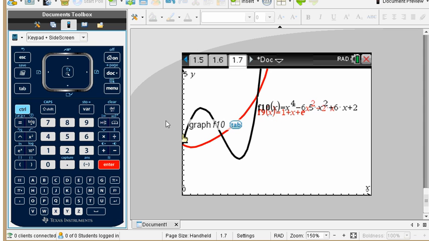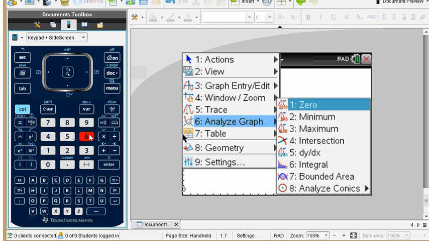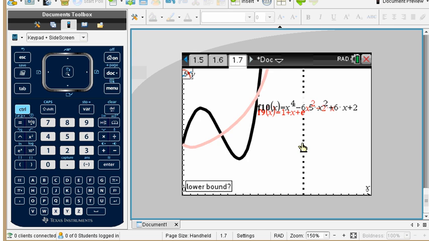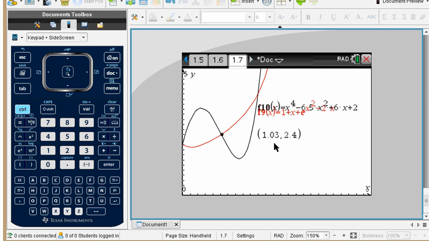To find it, we're going to go to Menu, Analyze Graph, Intersection. It says left bound, right bound, and here we have these values 1.03, 2.4. One thing we're going to need for the calculator section of our test is significant digits.